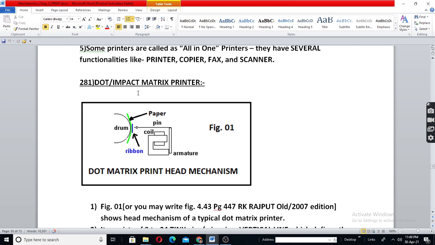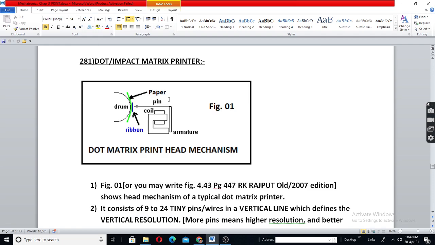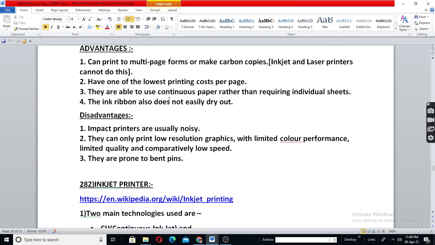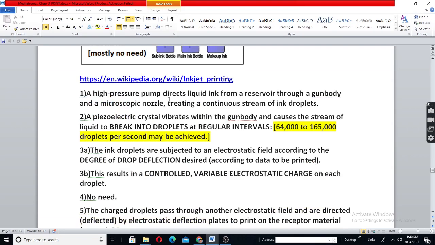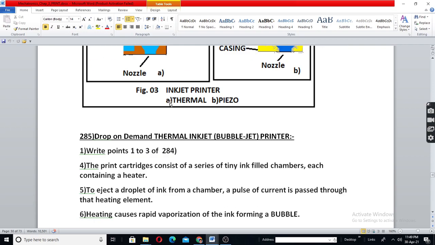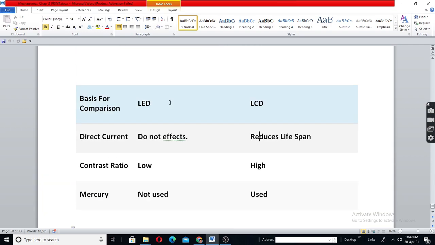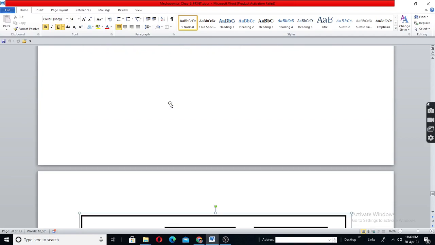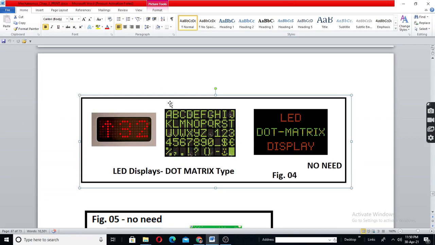This is called a dot matrix printer because each alphabet or number will be formed by dots. That is not shown here; it will be explained in the class. You can see here, a dot matrix.